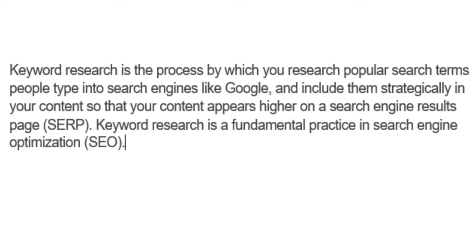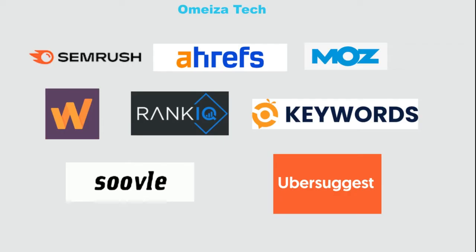There are many tools out there for keyword research, some great, some average, and the rest. We have SEMrush, we have Ahrefs, we have Moz, we have Wincher, and we have RankIQ keywords, and lots of them. Ubersuggest too. Both paid and free versions exist.